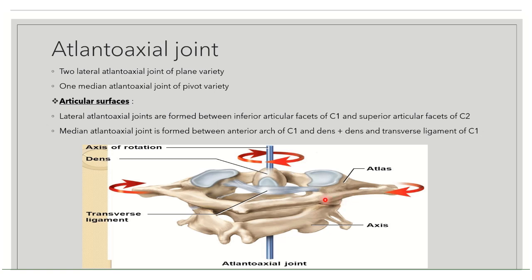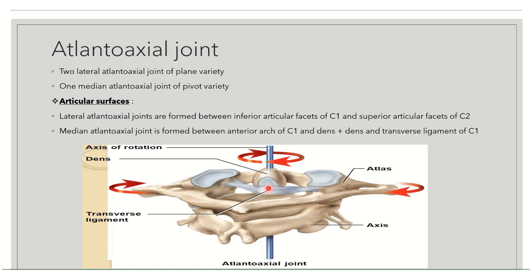Then we have the central or median atlantoaxial joint. The articular surface includes the inner surface of the anterior arch of atlas vertebra, and anteriorly the dens articulates with this surface, that is the inner surface of the anterior arch of C1.